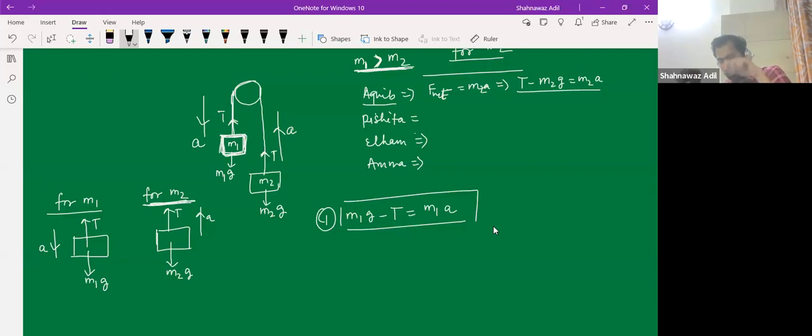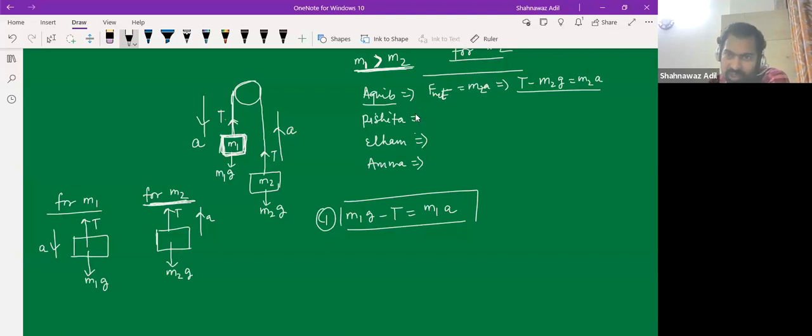You are hanging two objects with the same string. If it had been a massive string, then the tension would be different. But the string is massless and inextensible, so that is why the tension is the same.